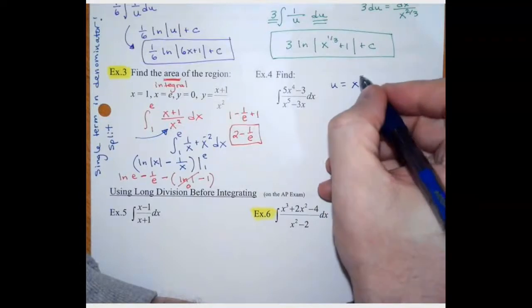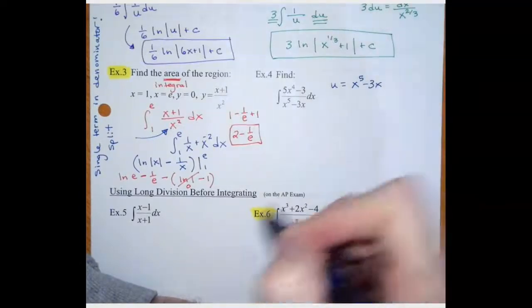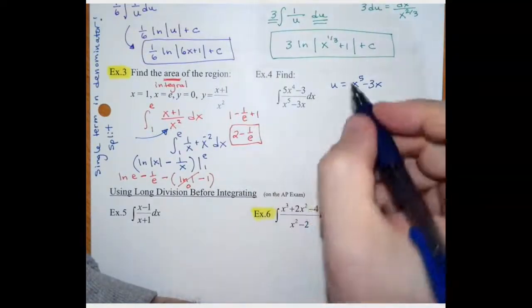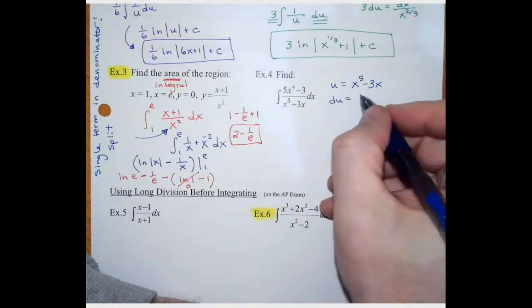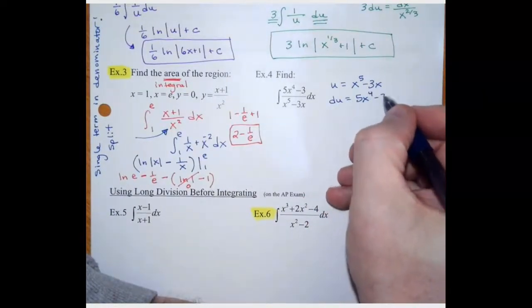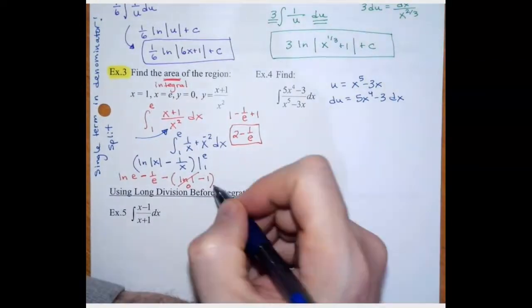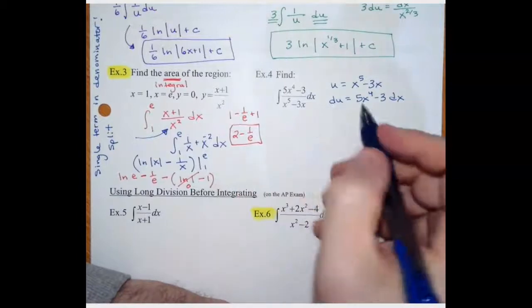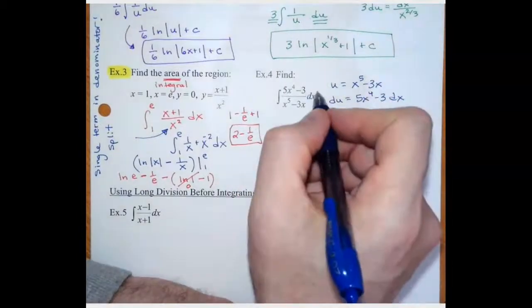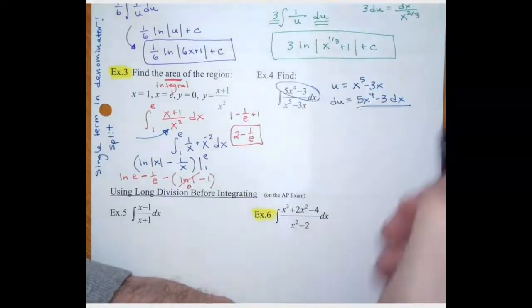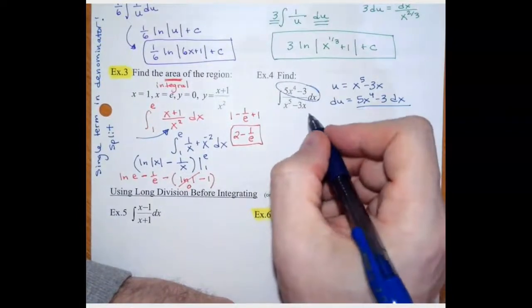So u is going to be x to the 5th minus 3x. So if we take the derivative of that, it's going to be 5x to the 4th minus 3 dx. So there you go. And that is really nice because it's right there. So that whole thing is going to go.